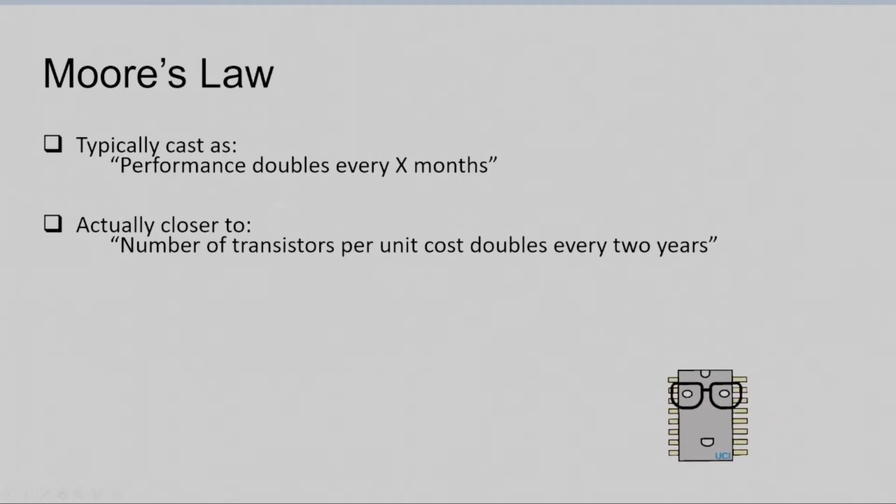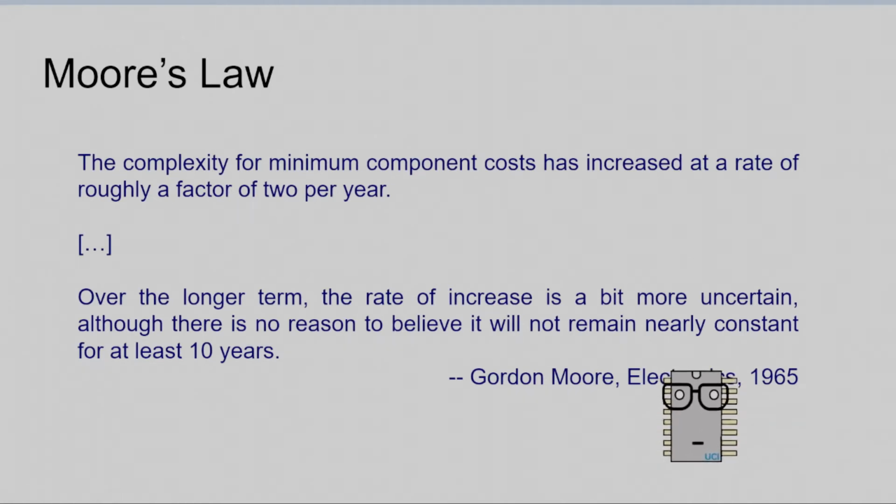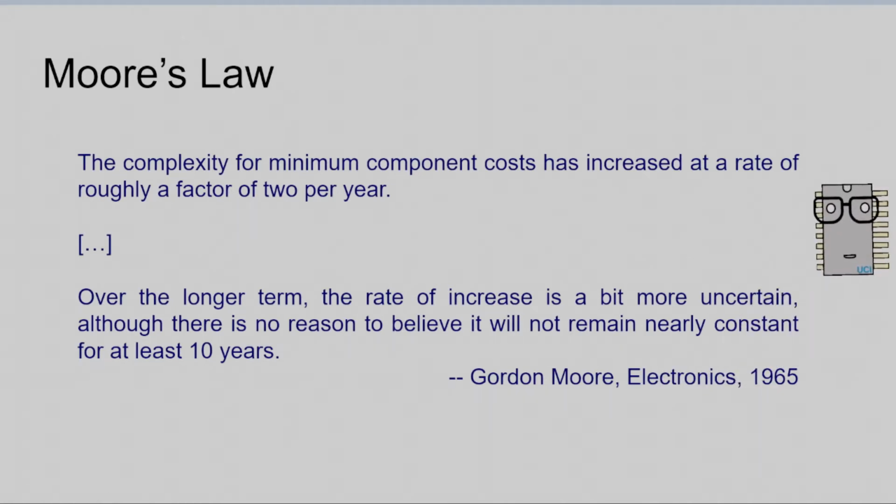And this is actually pretty clear from the original interview with Gordon Moore back in 1965, when he put forth this idea for the first time. The complexity of a minimum component cost has increased at a rate of roughly a factor of 2 per year, which has continued for a few decades at least.